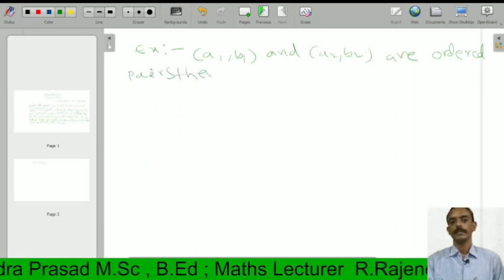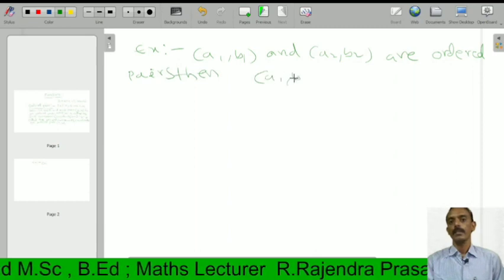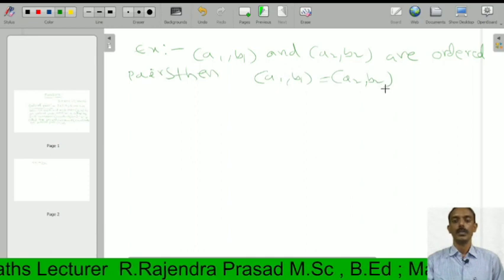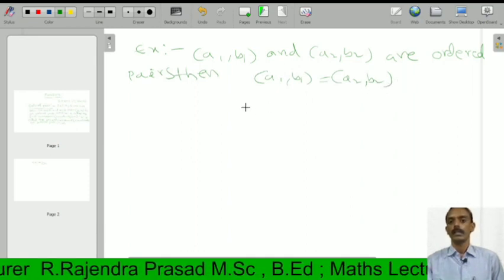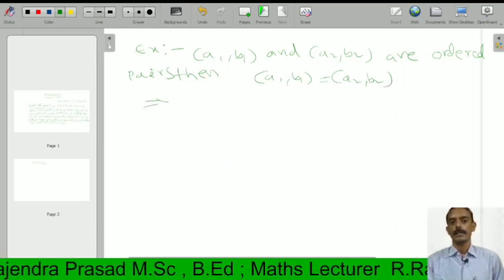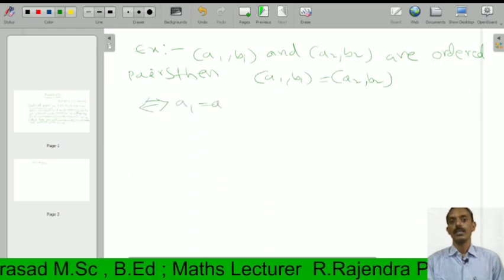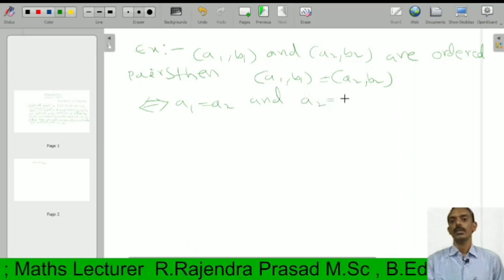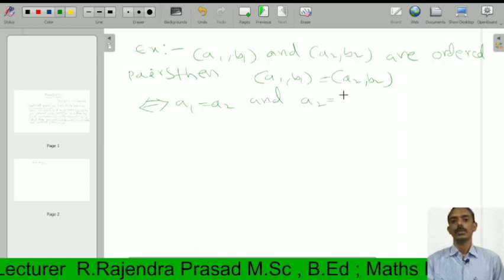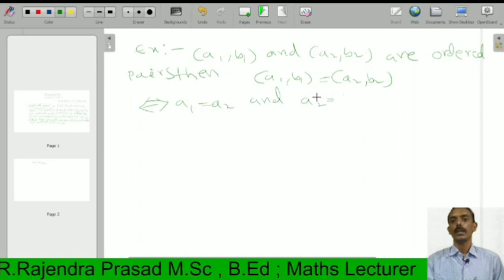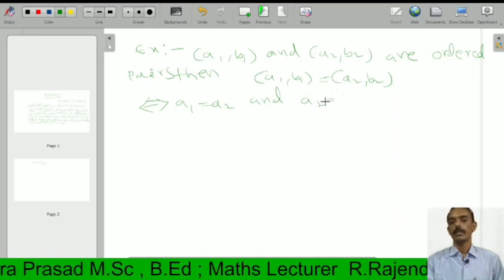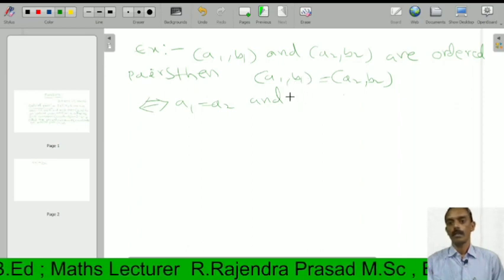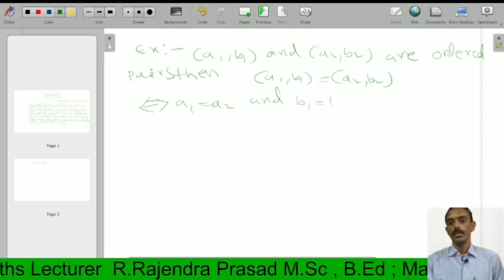Then (a1, b1) equal to (a2, b2) implies a1 equal to a2 and b1 equal to b2.